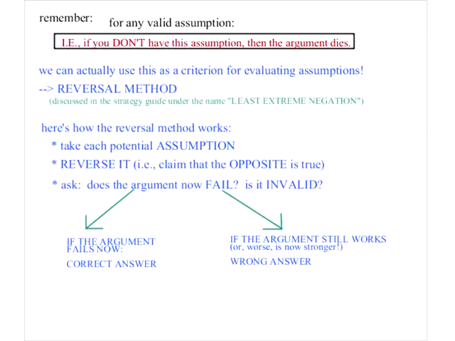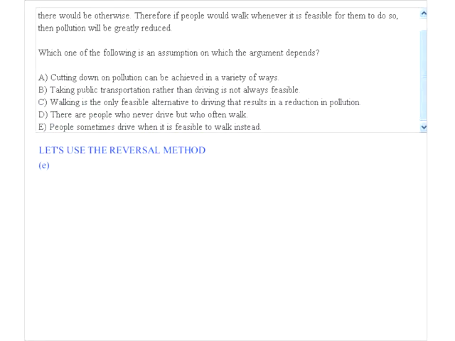Remember how it works. You take your potential assumption, you reverse that assumption, and you ask yourself, does the argument now fail? Is the argument invalid? So E says people sometimes drive when it is feasible to walk.